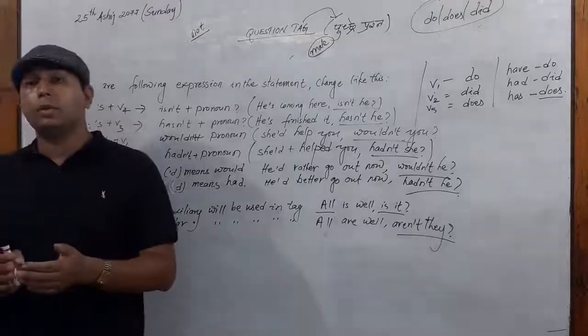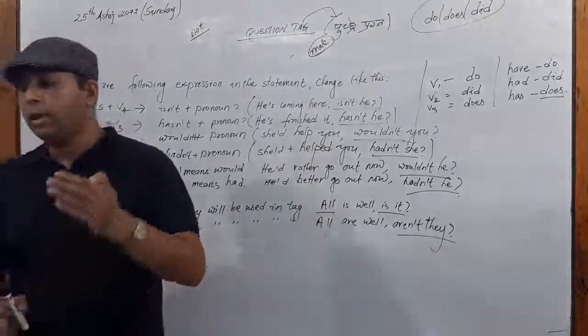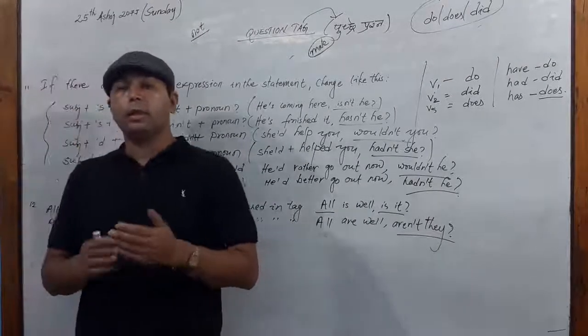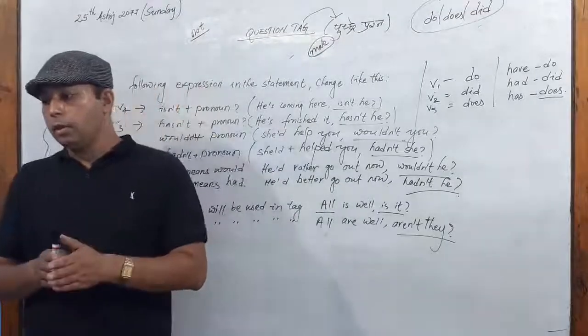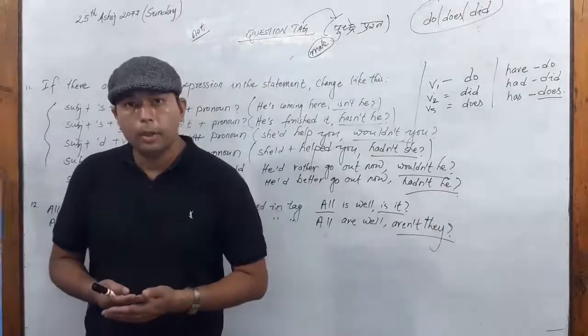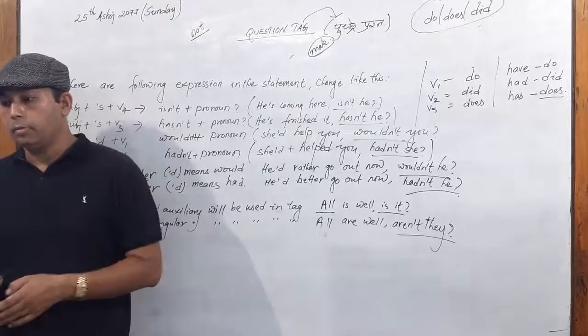If there is these and those, then the pronoun will be they. If there is something, anything, nothing, everything, then the pronoun will be it. If there is somebody, someone, nobody, no one, anybody, anyone, or none, then the pronoun will be they. Thing and one and body you have to remember.